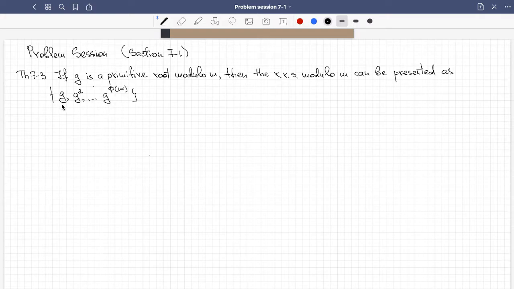Of course, there is a right amount of them. There are exactly phi of m elements in a reduced residue system. We proved they are all distinct modulo m. They are all relatively prime to m. In this connection, in the exercises, they introduce the notion of index.